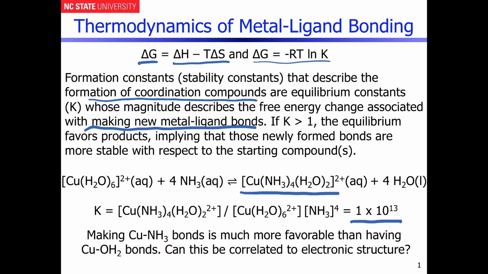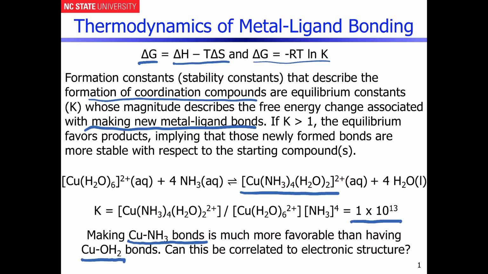And it's telling you that producing copper NH3 bonds seems to be much more favorable than having the copper to water bonds. So the whole goal of this chapter is going to be how can we correlate these thermodynamic parameters to electronic structure. But let's go into some of the more fine details.